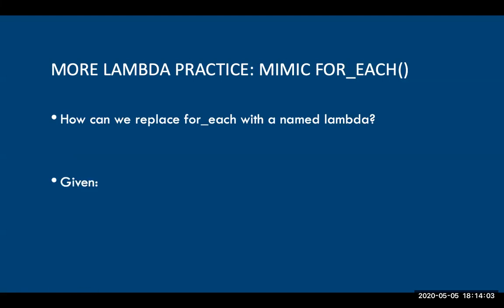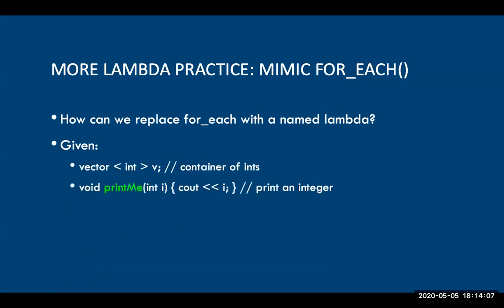Okay, so we're gonna step it up a little bit and try to literally replace the for_each with a lambda here. The idea is that we have some vector of values, and we would have this function print_me that we would pass in, but we just want to keep the print_me and rewrite the for_each with a lambda.